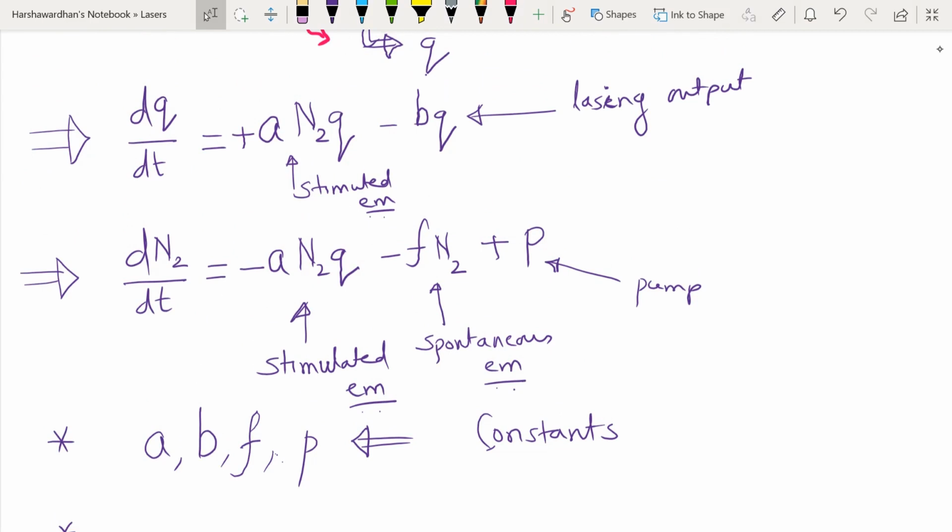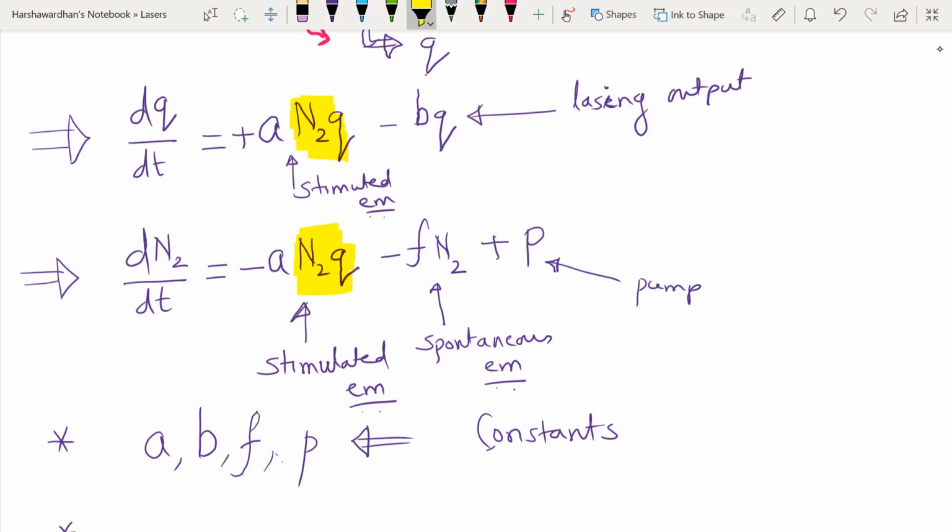These are differential equations that govern the time evolution of these quantities. The other important thing is that these are nonlinear equations. That is because we have sitting here this product, right? This is the product of N2 times Q, which is there in both these equations, and this is the nonlinear coupling between the two.